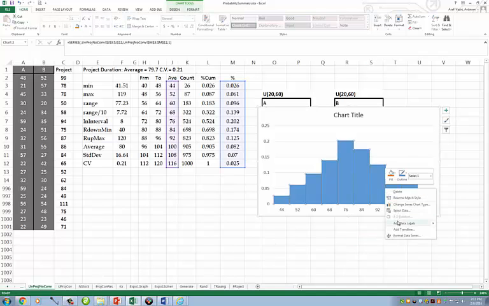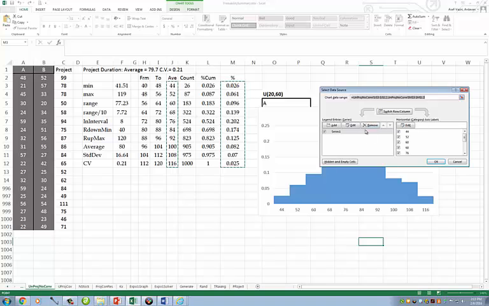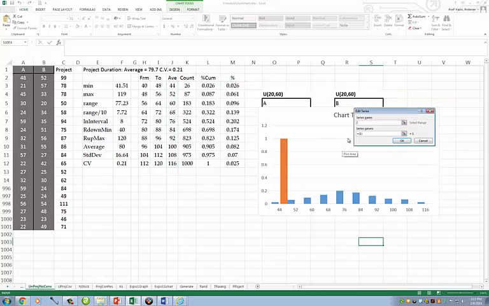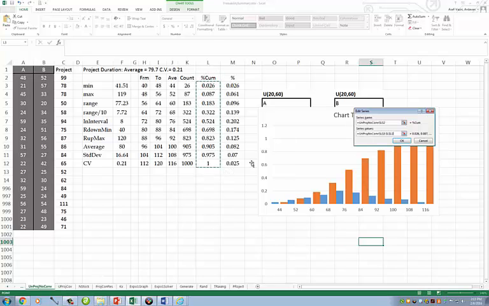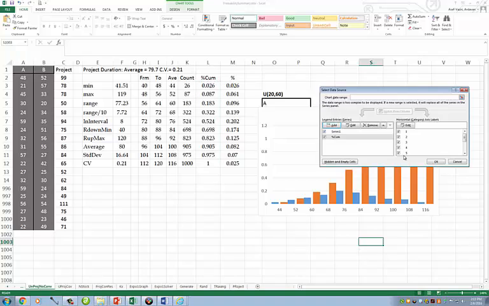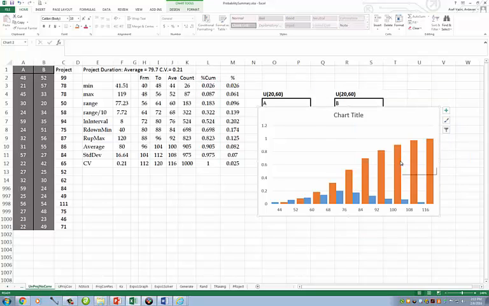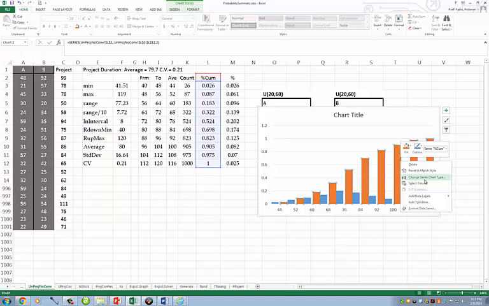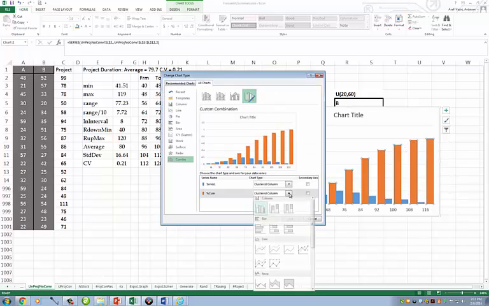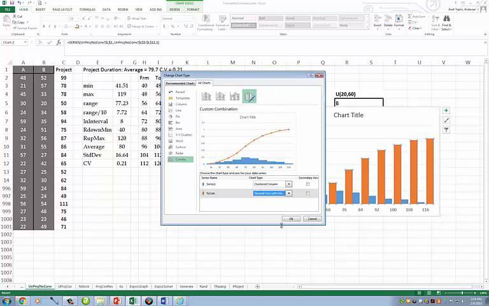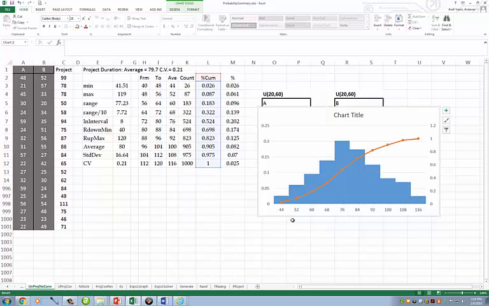Again, I go over there, select data, add, and series name, cumulative, and select the values. OK. Then I click on this one, change series chart type, and I say use a line, and then use the secondary axis for this one.